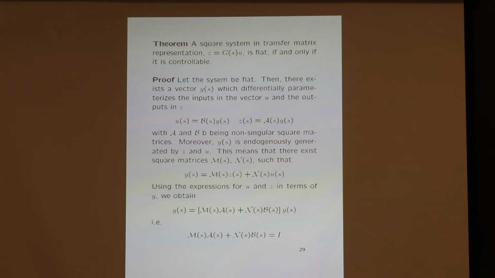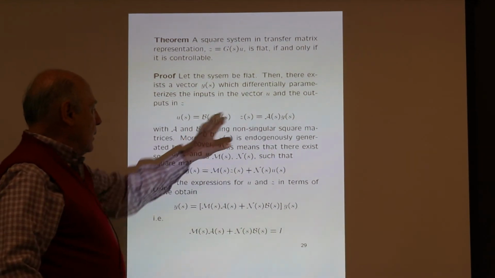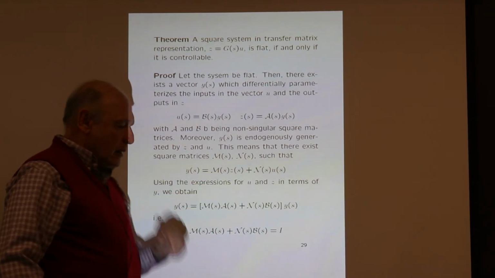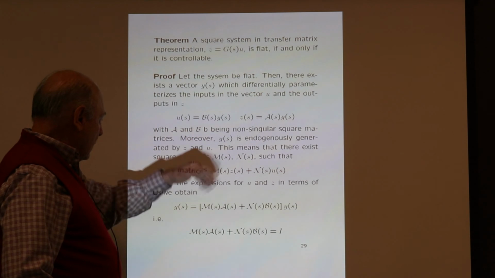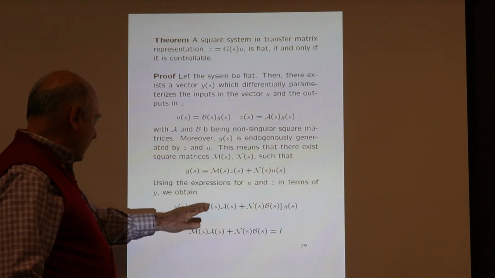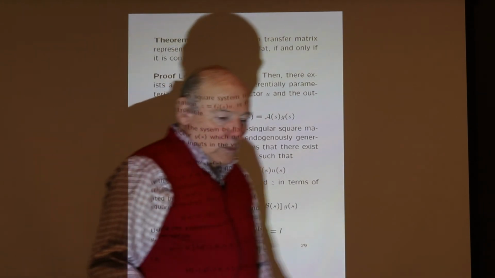Therefore, y is a flat output, and moreover, A and B are coprime, and because they are coprime, they satisfy the Bezout identity, and you have left and right coprime factorizations of those matrices, and therefore you will have flatness.